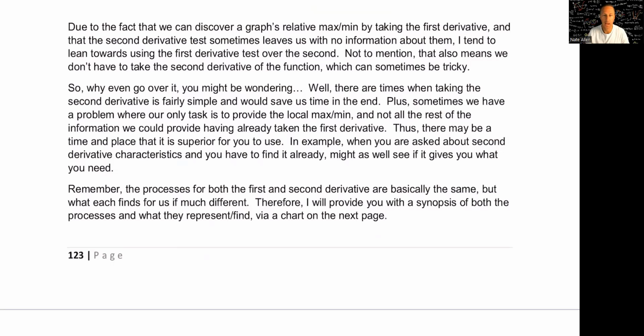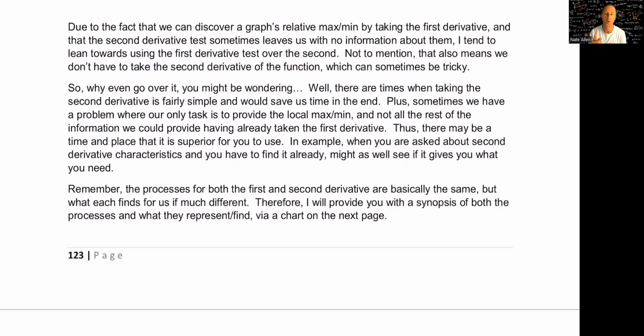Check this out. As I just mentioned, the first derivative test is what I lean to just because it always works. But as mentioned also, the second derivative test is sometimes superior because we've used and seen some of these derivatives are really quick and easy to take the derivative of. So then we don't have to test multiple points.